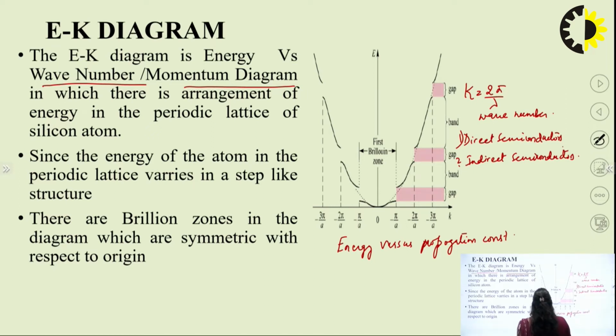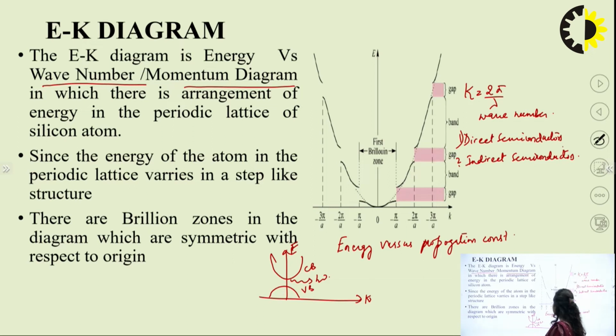As we know, in the case of the direct semiconductor, the valence band maxima and the conduction band minima are at the same value of K, and the energy is dissipated in the form of light.